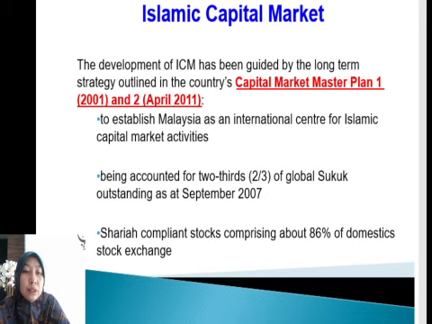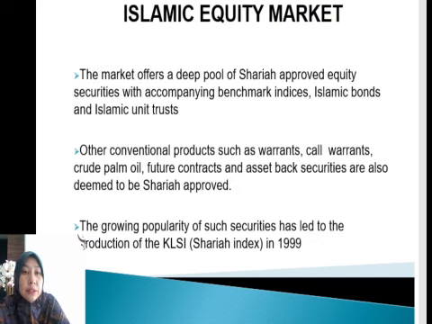When we say it is stock, it is meant to be an equity-based instrument. So the market offers a deep pool of Sharia-approved equity securities with an accompanying benchmark index, Islamic bonds and Islamic unit trusts. Other conventional products such as warrants, call warrants, crude palm oil futures contracts and asset-backed securities are also deemed to be Sharia-approved.